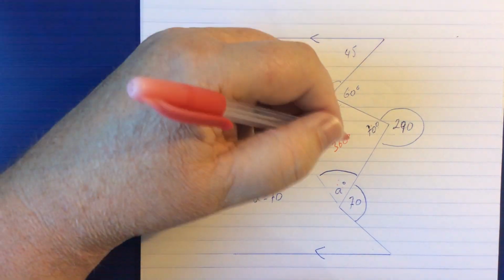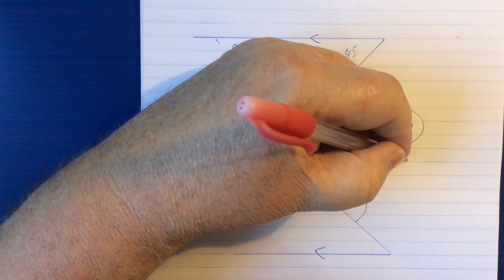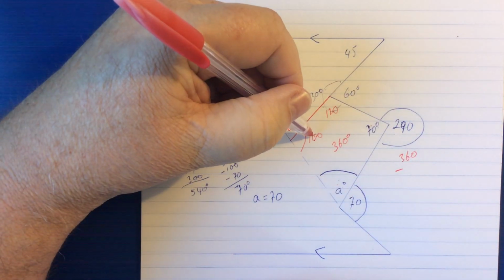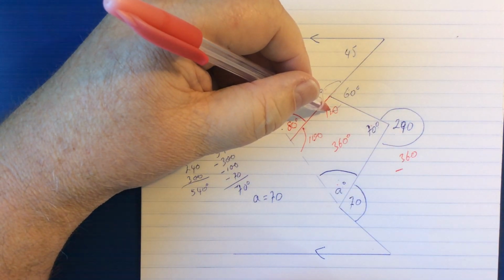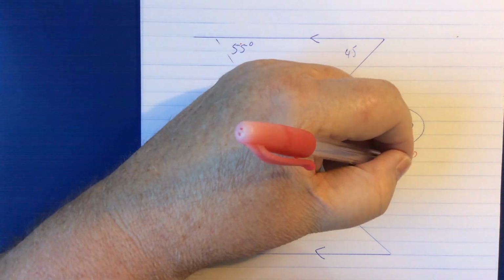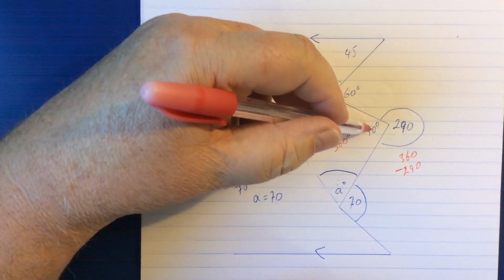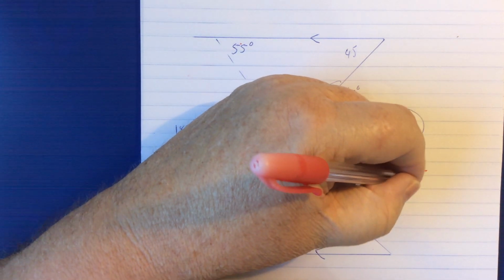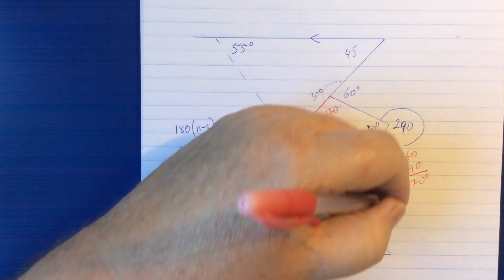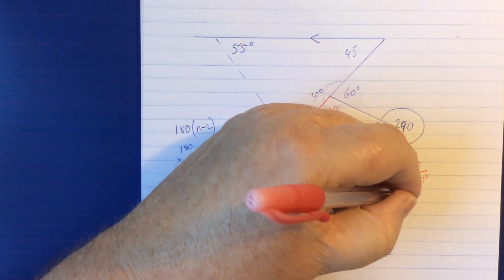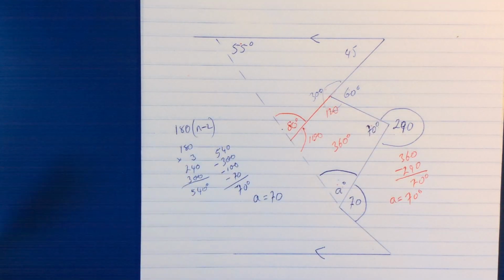So let's try that. And I'll do this in red. So 360 minus 290. Oh, this is looking good. 100 plus 120 plus 70 is 290. That gives me 70 degrees. A is, according to both my methods, 70 degrees.